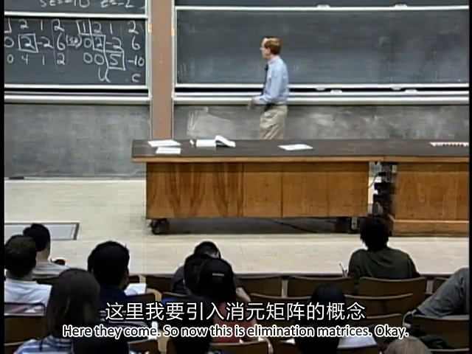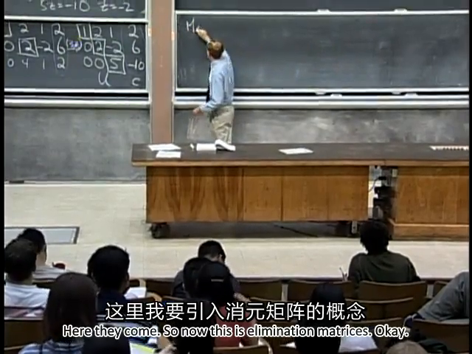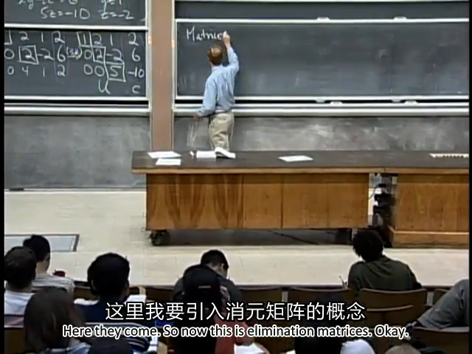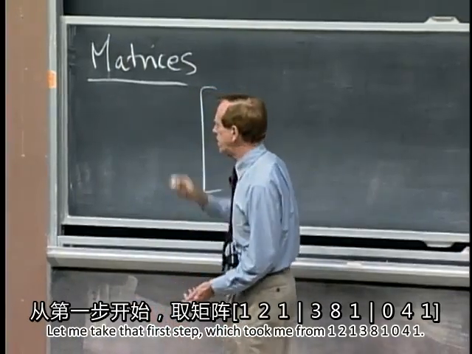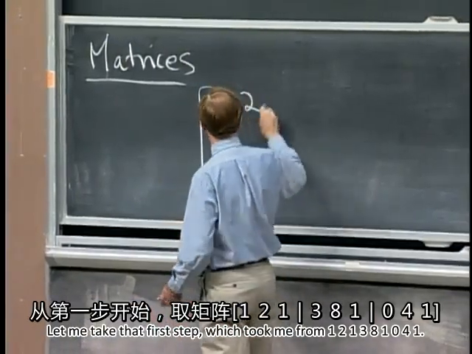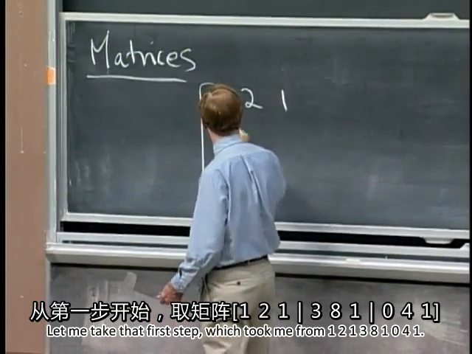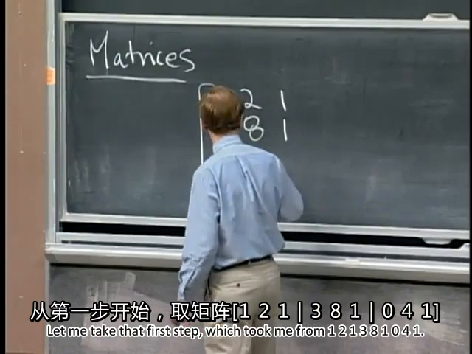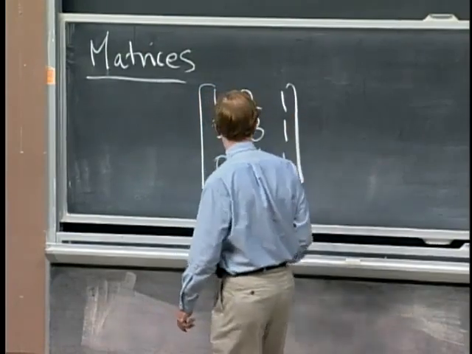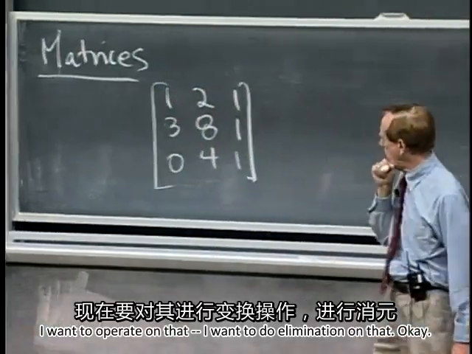So now this is elimination matrices. Okay, let me take that first step, which took me from 1 2 1, 3 8 1, 0 4 1. I want to operate on that.